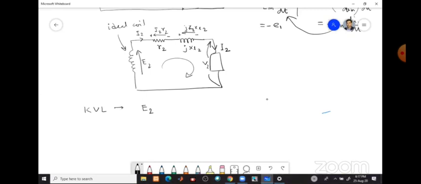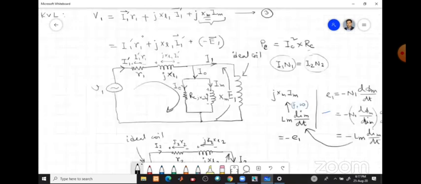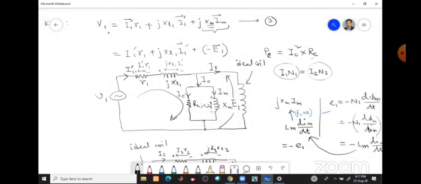For the primary, the source was V1, so we equated V1 with the voltage drops, because V1 was the source there.